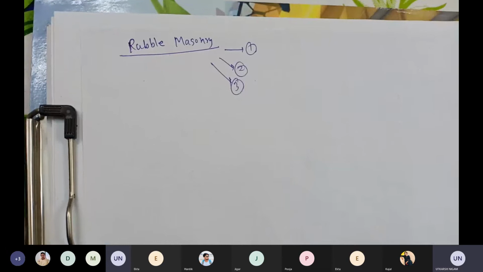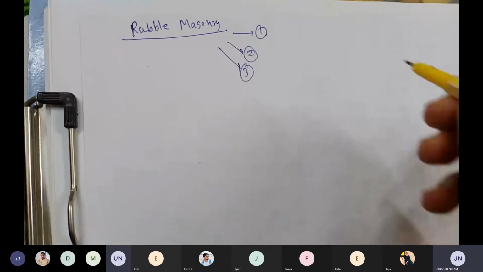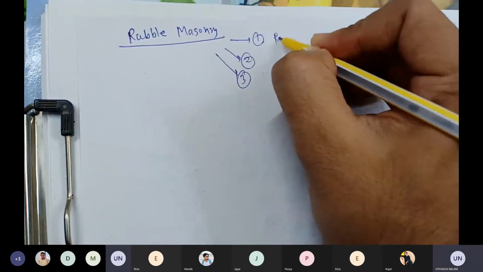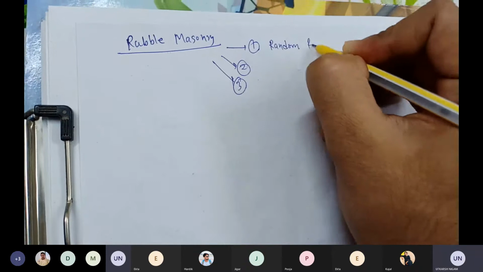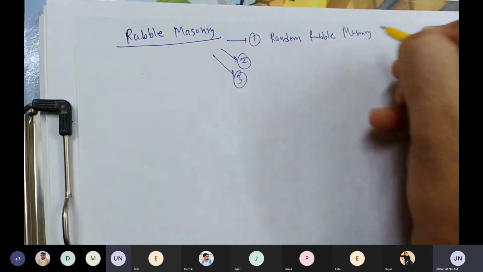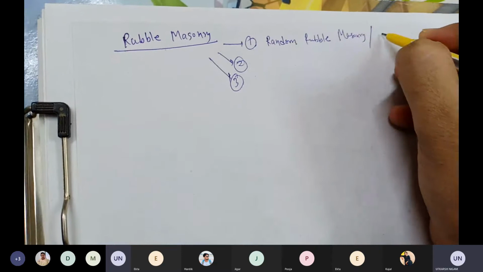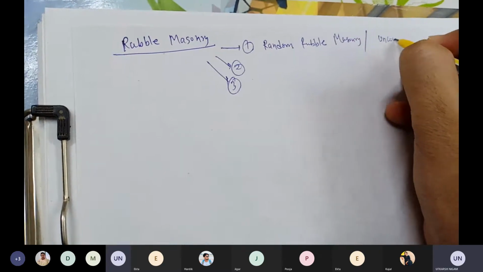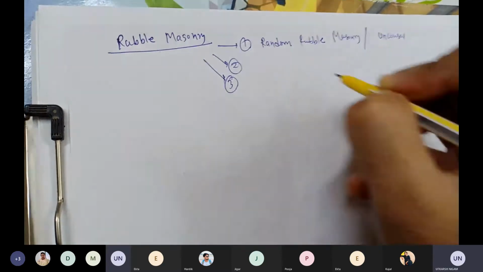First is uncoursed or random rubble masonry.